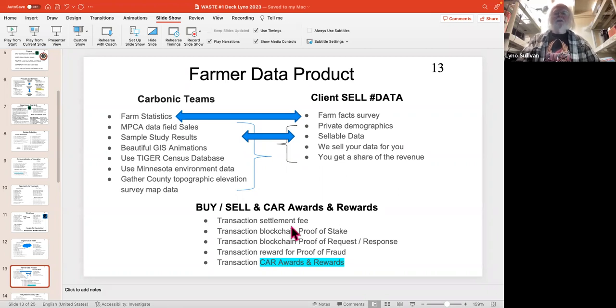So the one thing that's kind of missing is the county topographic elevation maps. The reason we want to collect those from the county is when we're measuring the floodplain, what's the probability that in a 100-year flood your lagoon is going to get flooded out? Well, we need to know elevations, and you might have to elevate your lagoon to keep out of it. If weather trends towards flooding continue year after year, it might become necessary.